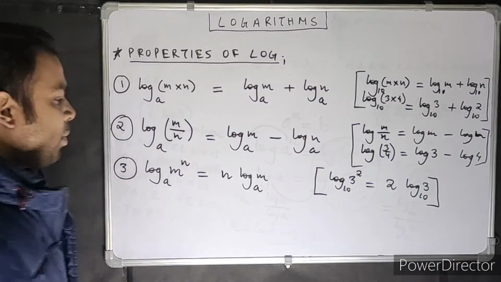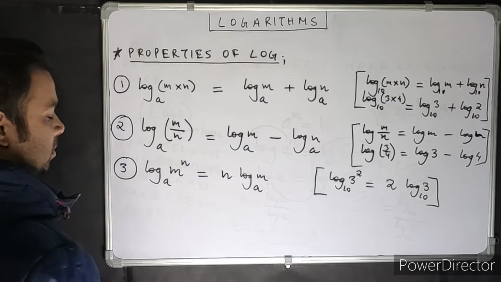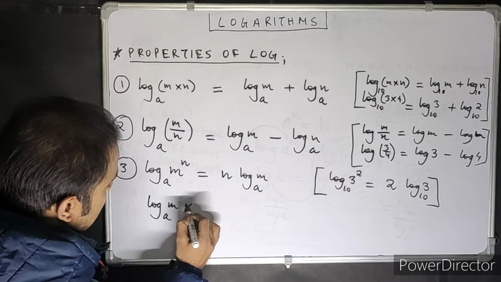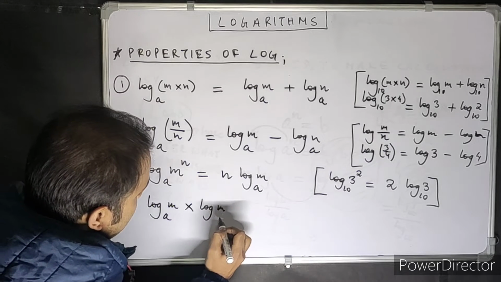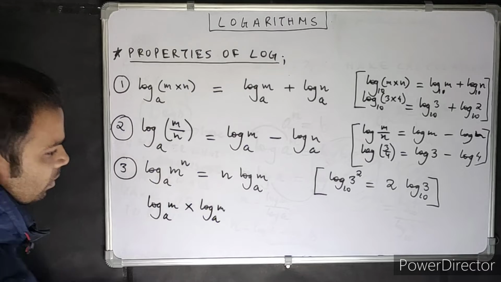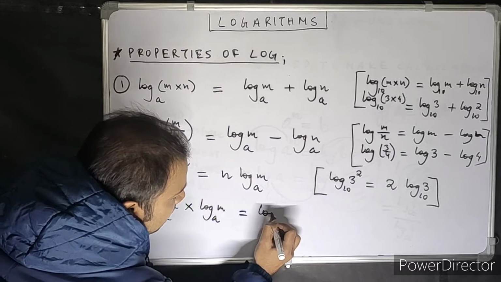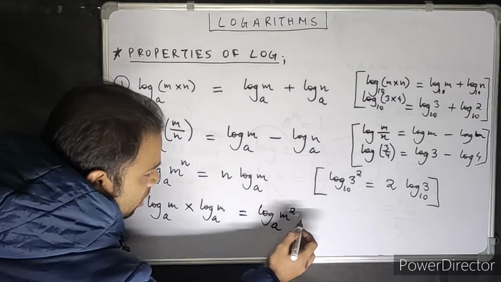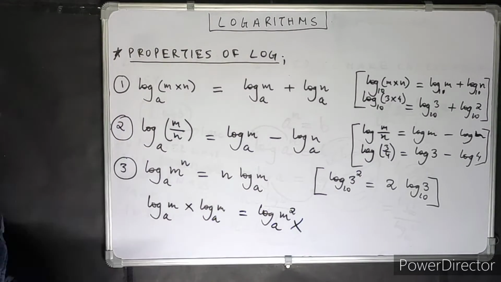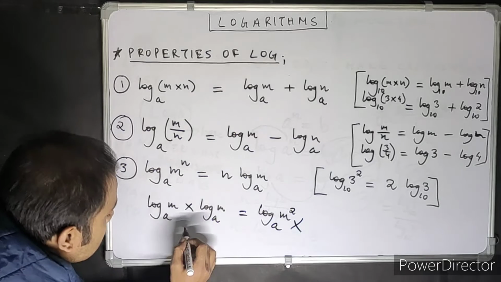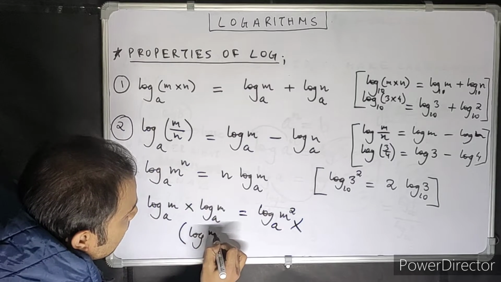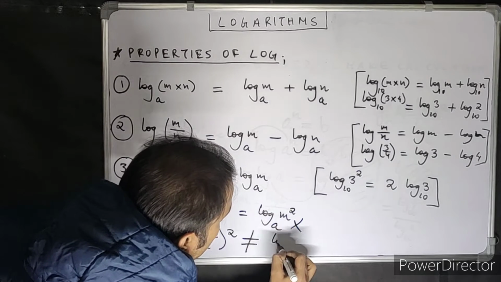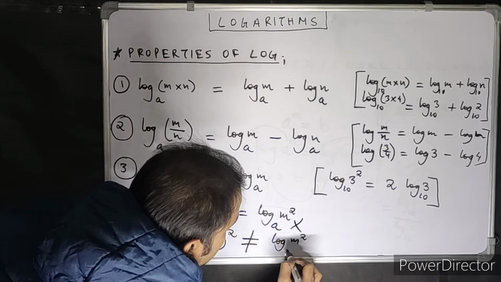Now with this property I also want to include something. Say if I have log m base a into log m base a. Some of you students might think this is log m square base a, but that is wrong. This is log m base a whole square, which is not equal to log m square base a.